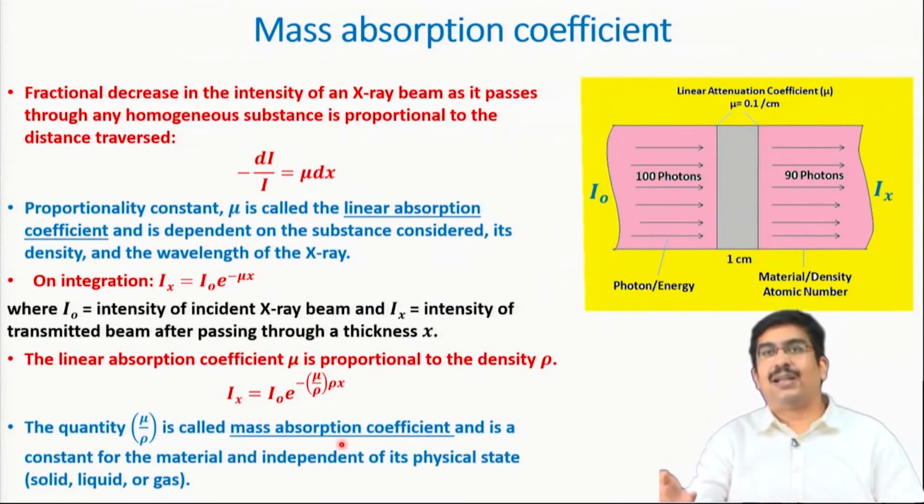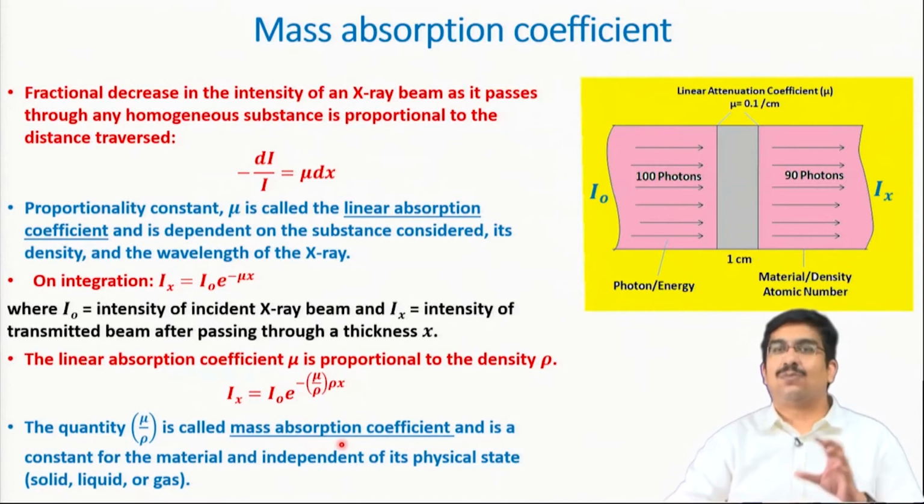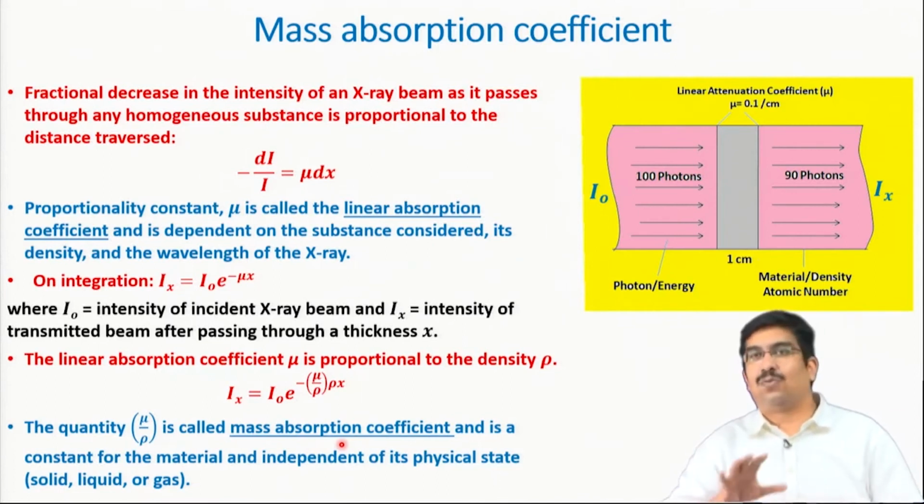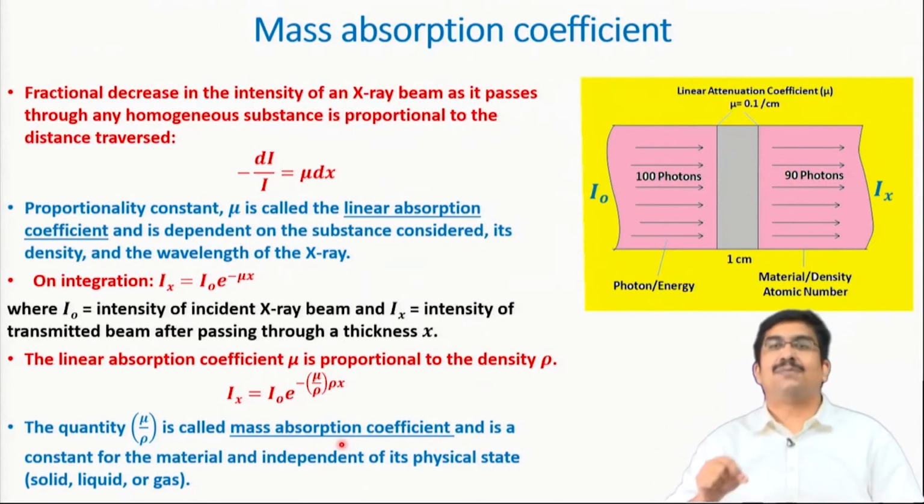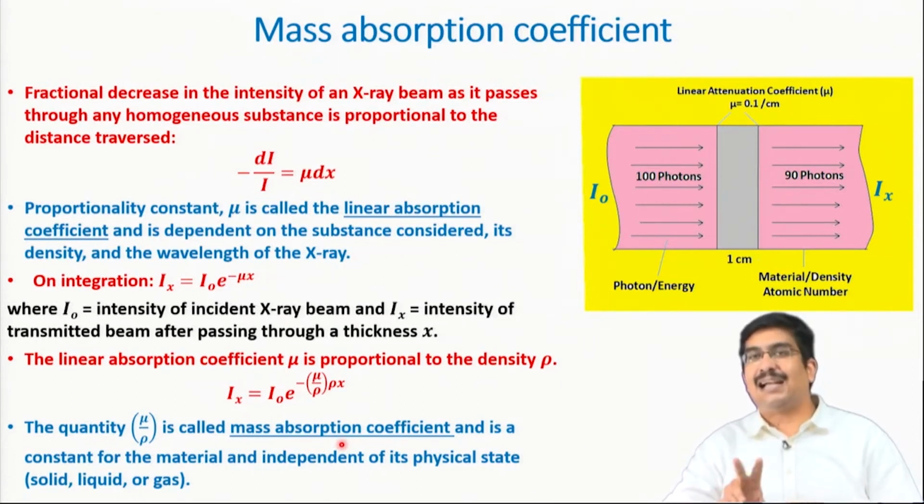Even better, take water: whether it exists as water vapor, as liquid water, or as ice in solid form, the mass absorption coefficient is not going to change. Whatever the linear absorption coefficient divided by the density of the particular state, that value will remain constant.